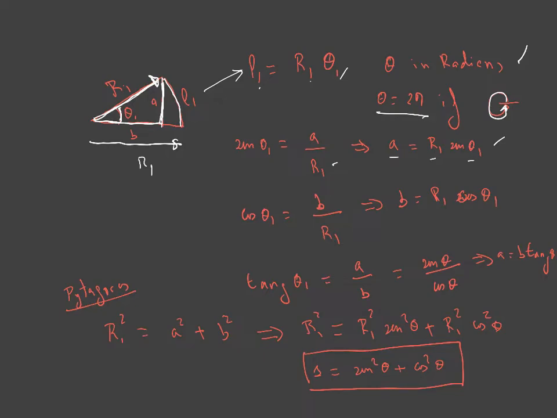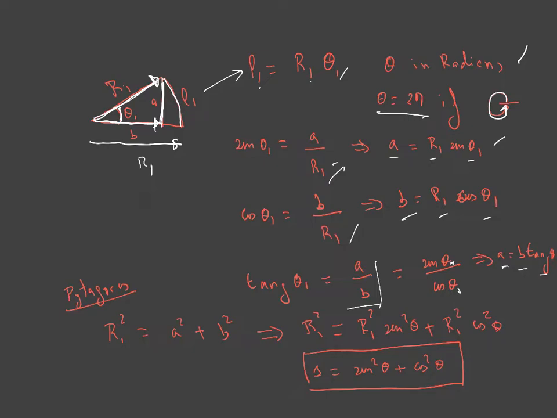So B is R1 times cosine of theta. And then tangent of theta 1 is sine of theta 1 divided by cosine of theta 1, which is A divided by B. So from this equation, you have that A is B times tangent of theta 1.